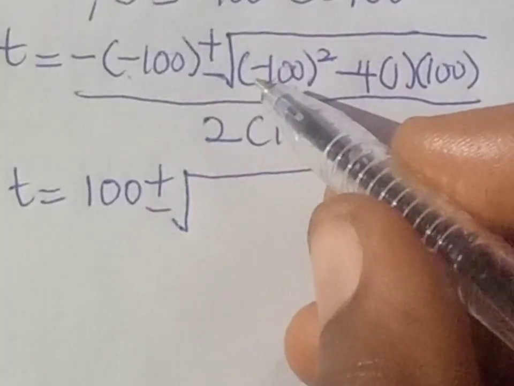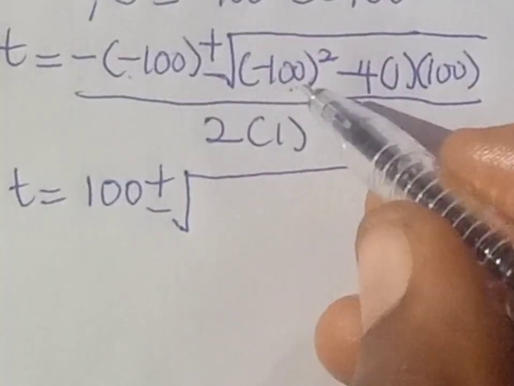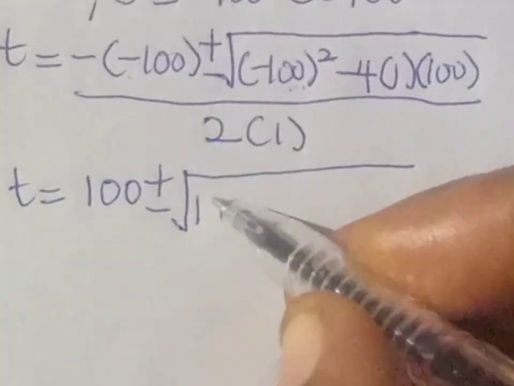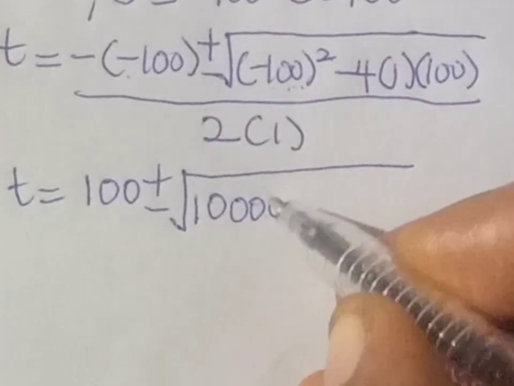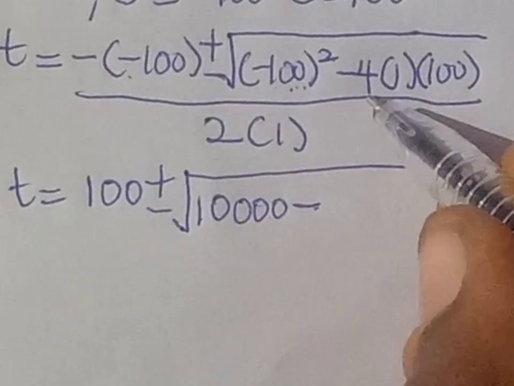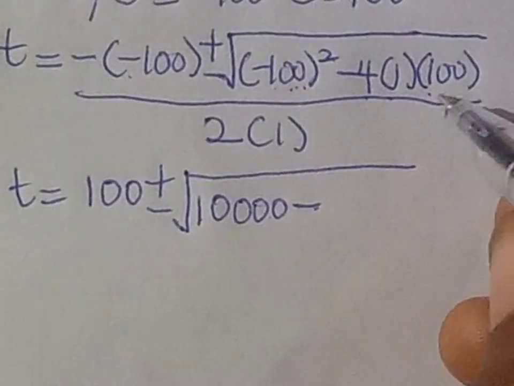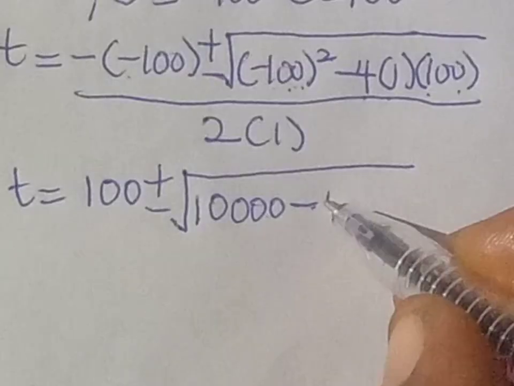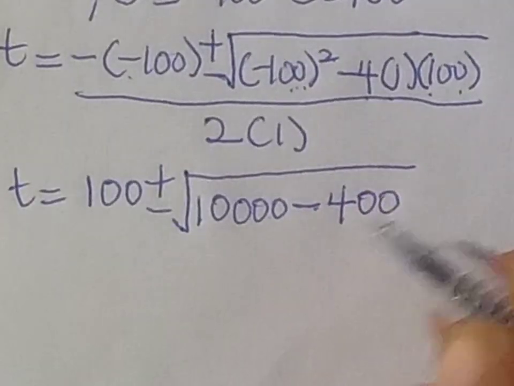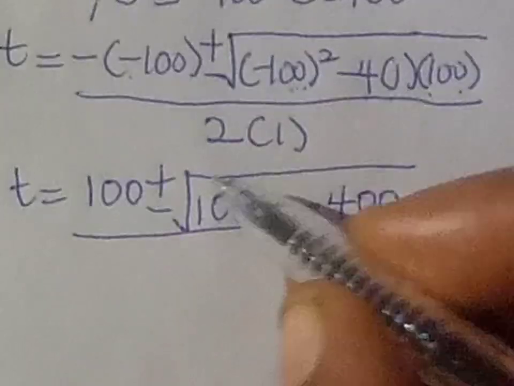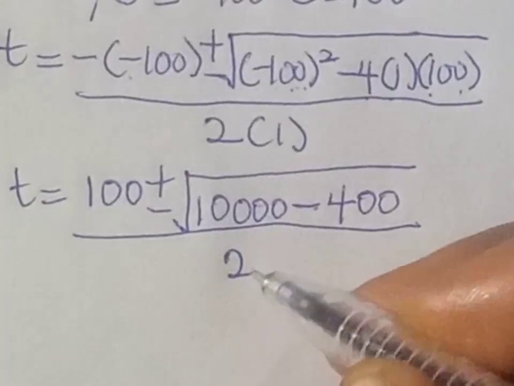Minus times minus will give us plus. 100 times 100 will give us 10,000 minus 4 times 1, 4. 4 times 100 will give us 400, divided by 2 times 1, 2.